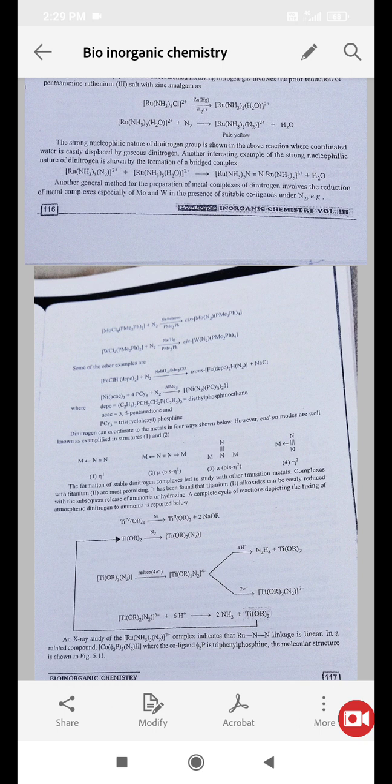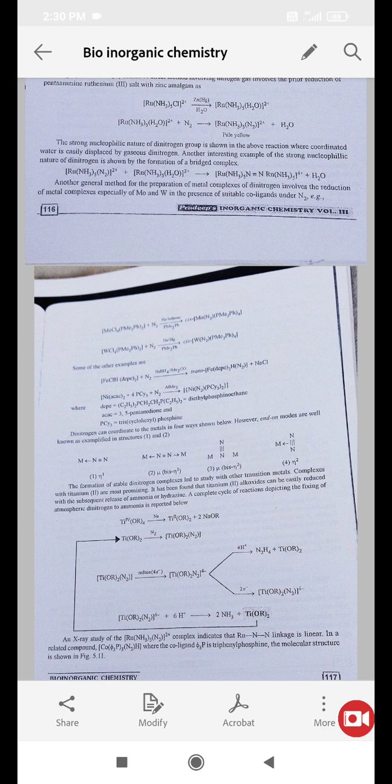However, the end-on mode is well known, as exemplified in structures 1 and 2, the formation of stable dinitrogen complexes. Other transition metal complexes with titanium are most promising.